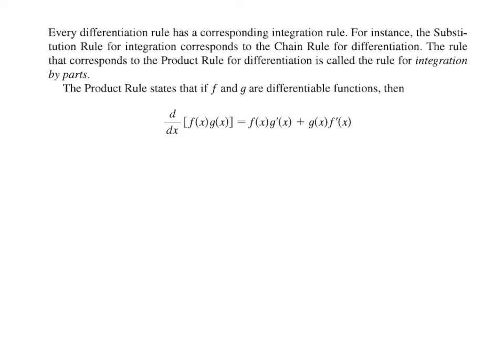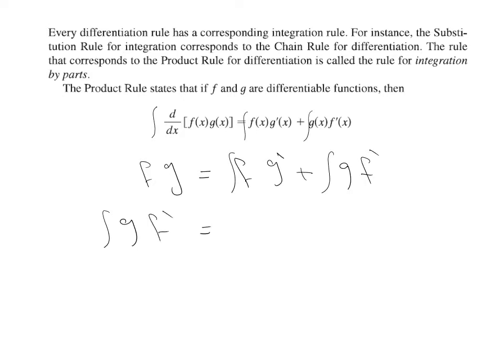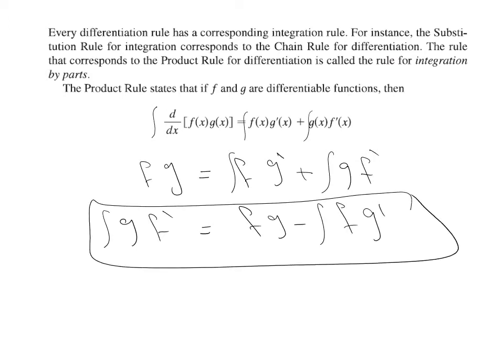So we can integrate both sides with respect to x, like this. So fg equals the integral of f g prime plus the integral of g f prime. Okay, so we can solve for the integral of g f prime, which will be fg minus the integral of f g prime. This will be our rule in integration by parts.